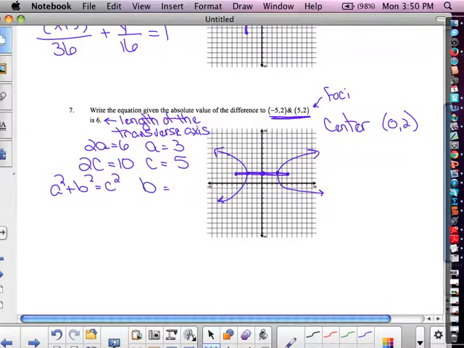Therefore, b is equal to 4. And that would be that picture. So now you just have to write the equation. The center is at 0, 2. So I have x squared. It's opening left and right, which means the minus sign is on the y squared. a squared is 9, minus (y minus 2) squared over 16 equals 1.